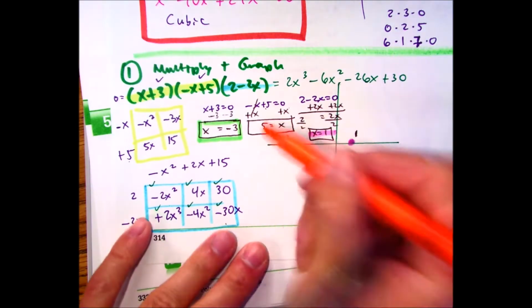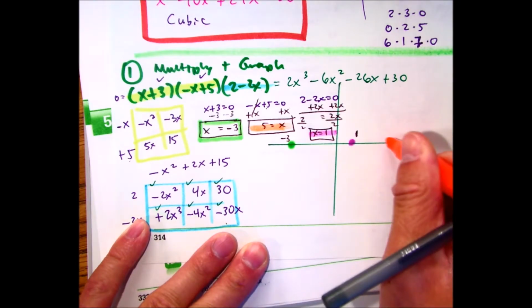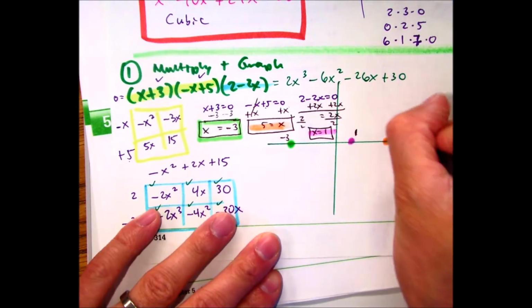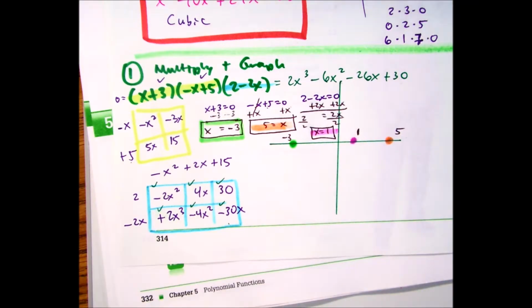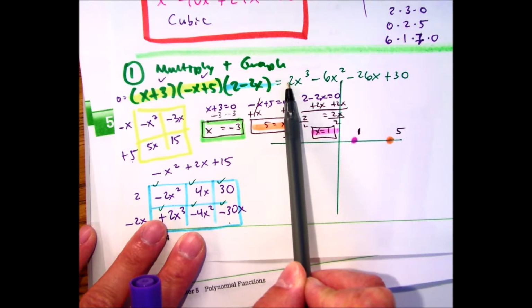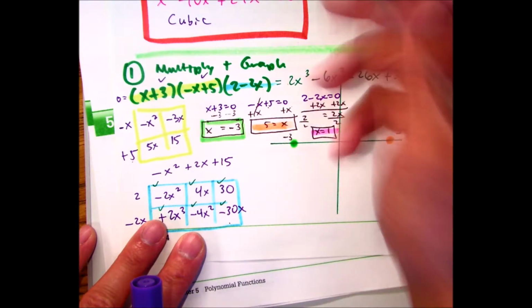And I have x equals 5. Class, is this positive or negative? And what's the highest degree?